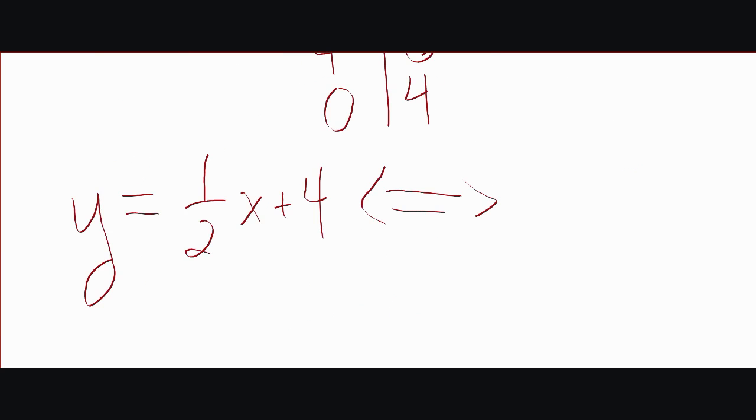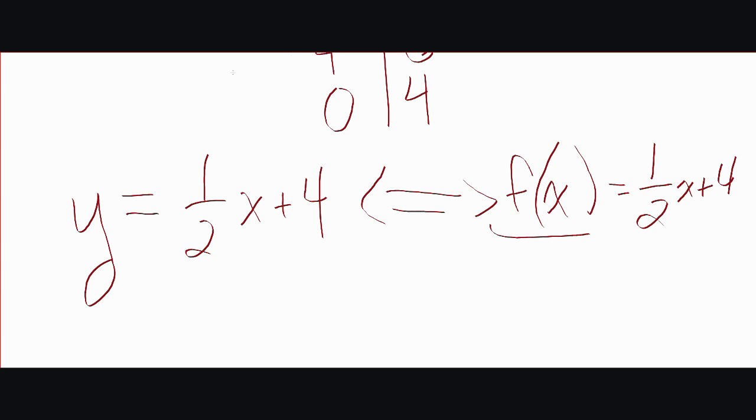Another way that we like to express them now, instead of simply saying y equals 1/2 x plus 4, this is equivalent to the function notation, which would say f of x is equal to 1/2 x plus 4. F of x, this notation here meaning a function of x, is defined by 1/2 that input x plus 4. All of the outputs are generated by splitting the number in half and adding 4 to it. F of x is equal to 1/2 x plus 4.